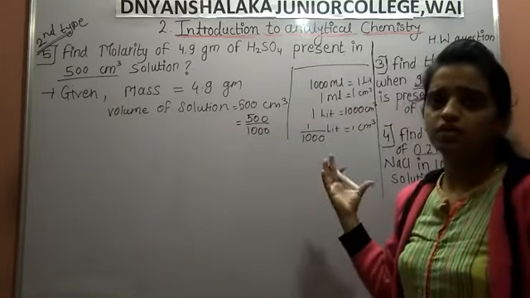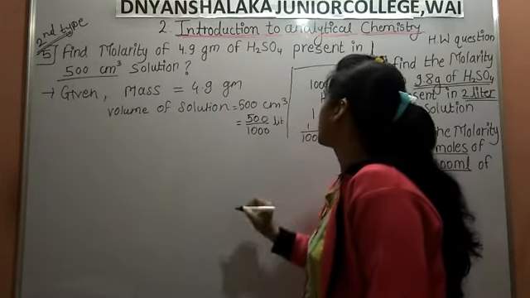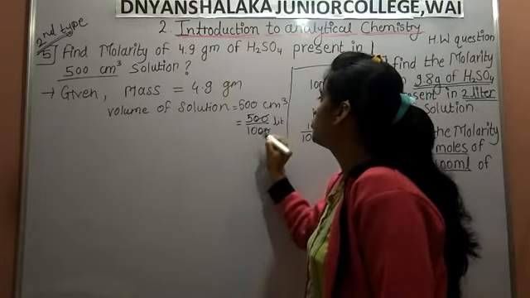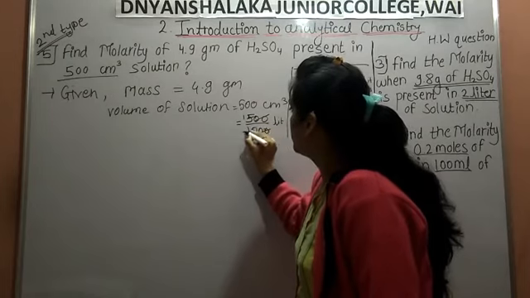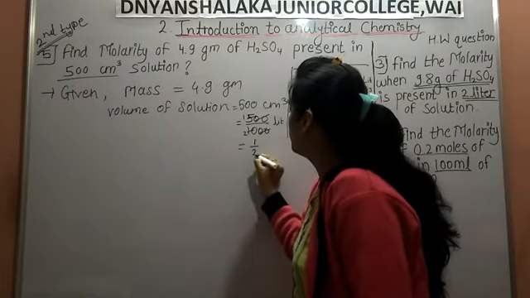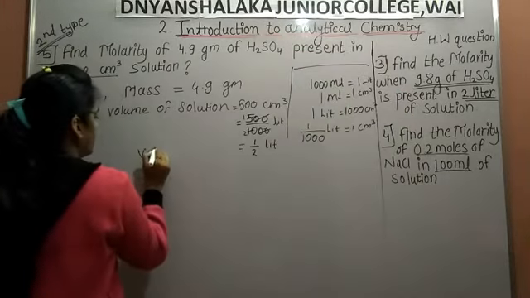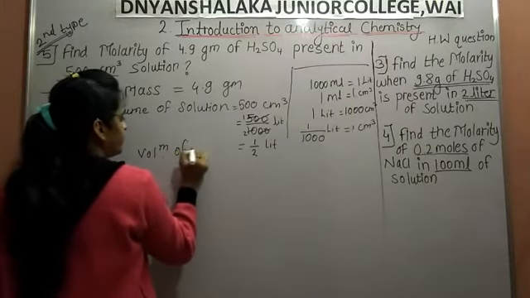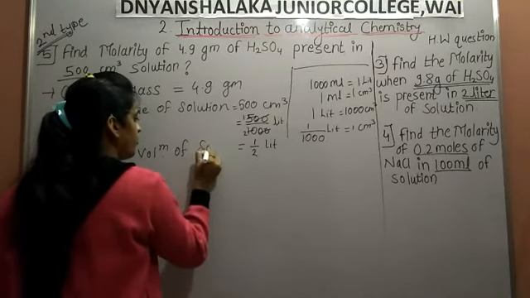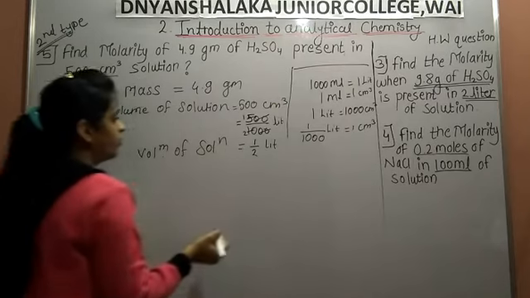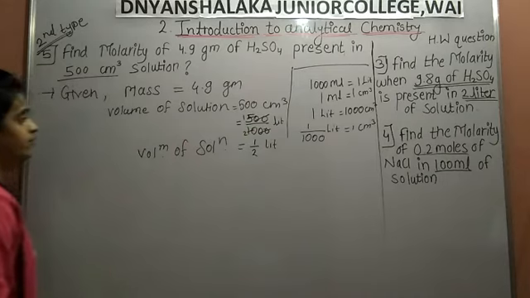The zeros cancel out each other; 5 ones are 5, 5 twos are 10. So we get 1 upon 2 liter. The volume of solution is 1 upon 2 liter, which means we converted cm³ into liter.